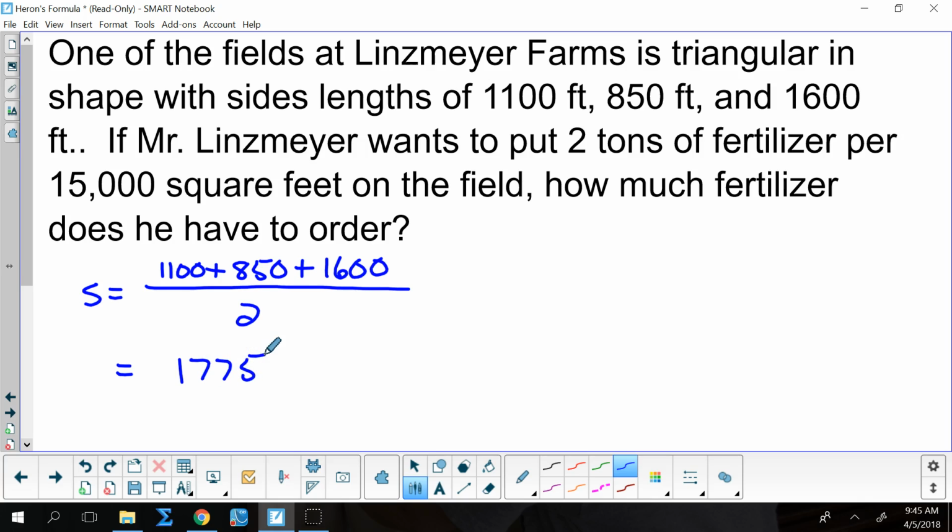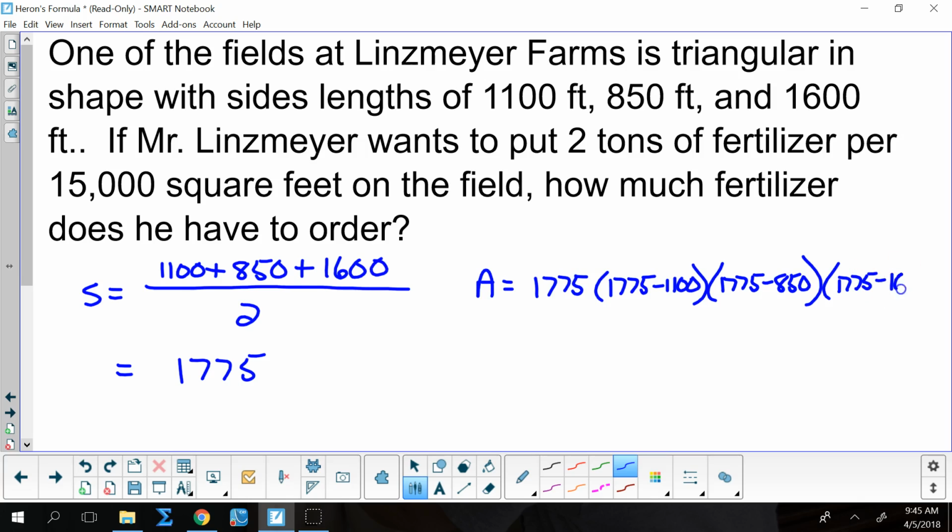Yes? Bless you. Okay. So then the area is going to be 1,775 times (1,775 minus 1,100) times (1,775 minus 850) times (1,775 minus 1,600).